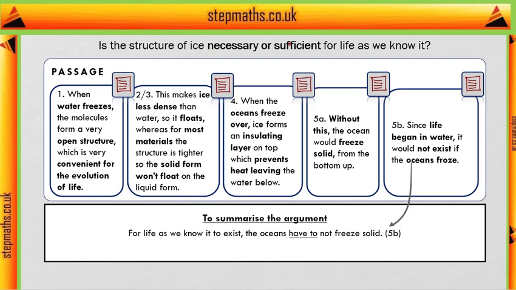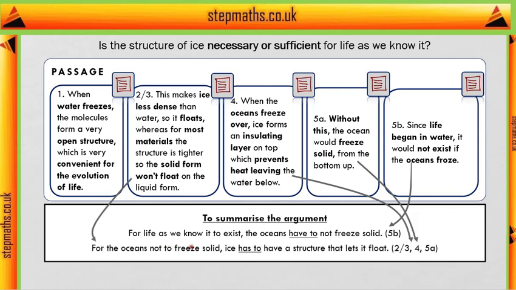starting with, because we're looking for what's a condition for life, so we'll start with life existing as we know it. Well, for that to happen, the oceans have to not freeze solid, and for the oceans not to freeze solid, ice has to have a structure that lets it float. Why have I used this have to and has to language?